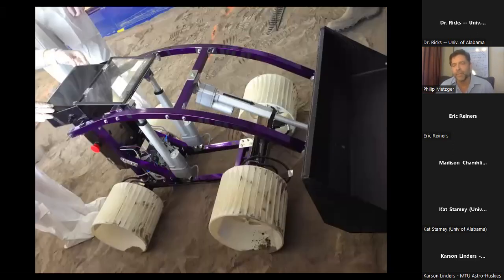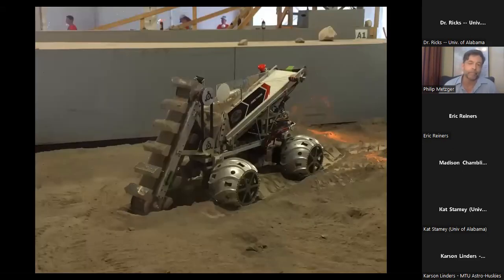This was a system that was designed with very, very wide wheels, so it floats on top of the soil instead of digging down into the soil. And it's a different approach, a different tactic. You could have a vehicle that has narrow, tall wheels that digs down in deep to the more compacted soil, or you could have one that's very wide and floats on the top.